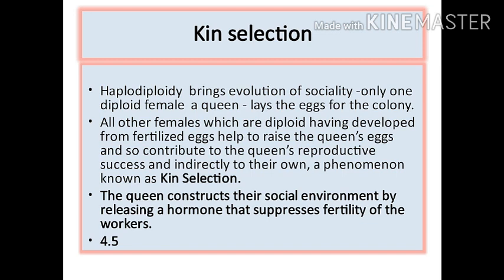They help to raise the queen's eggs, and so they contribute to the queen's reproductive success indirectly. This phenomenon is said to be kin selection. The queen constructs their social environment by releasing a hormone that suppresses the fertility of the workers. So the workers which are produced are suppressed by the hormone secreted by the queen.